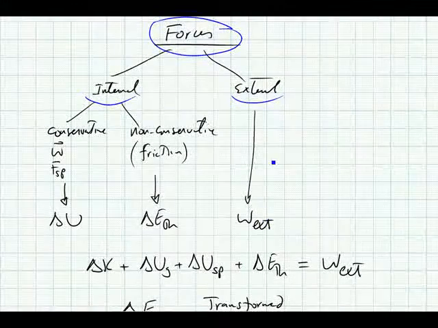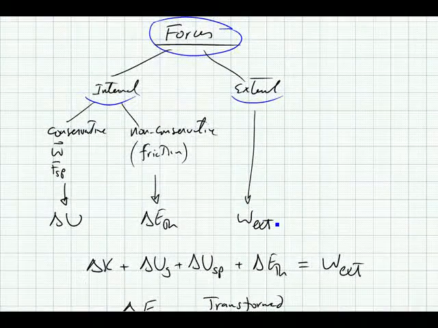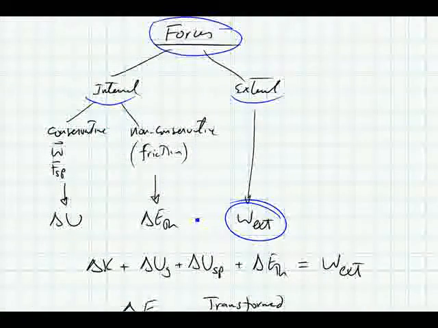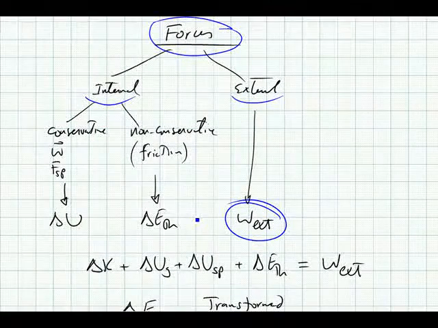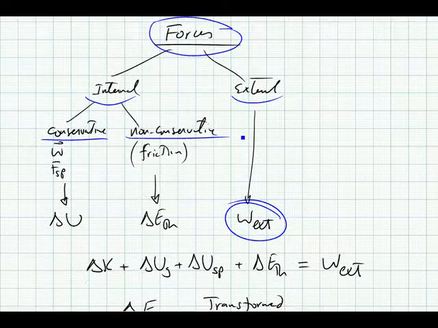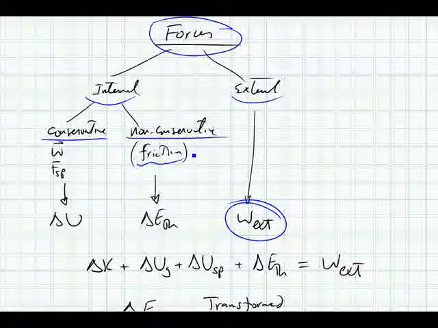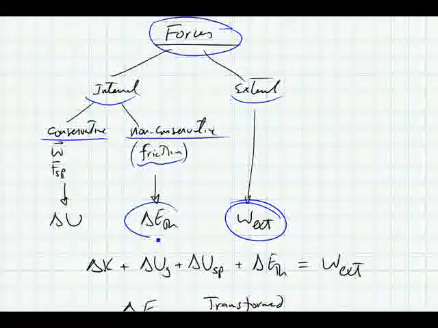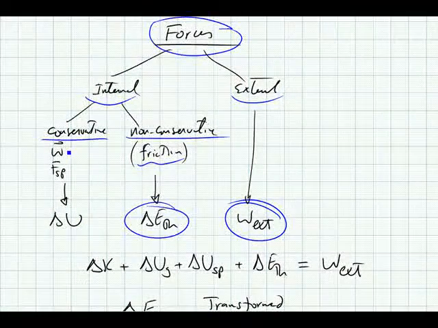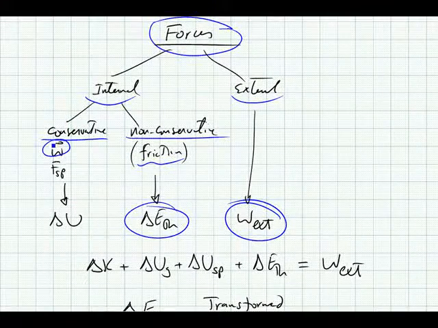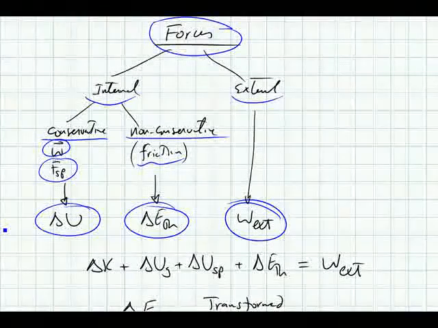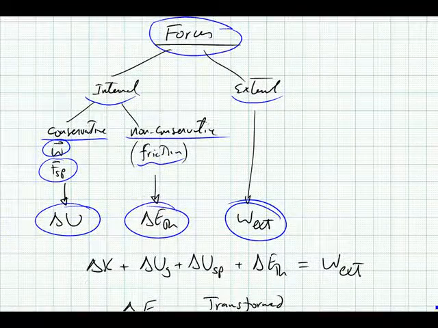F external, we saw, leads to external work being done on the object, and internal forces were the conservative forces and the non-conservative forces. Non-conservative forces being friction, which led to a change in thermal energy, and conservative forces like weight and spring force lead to a change in potential energy.